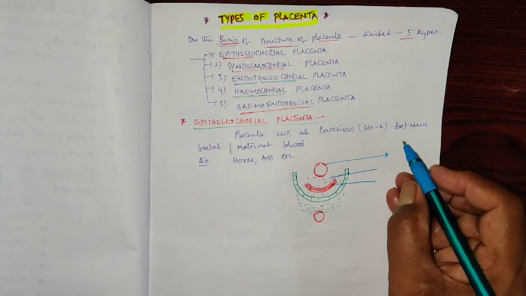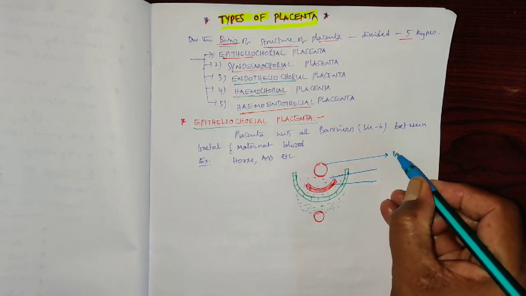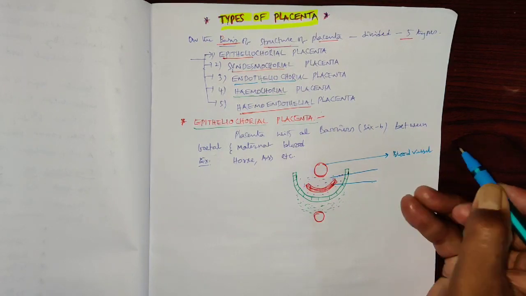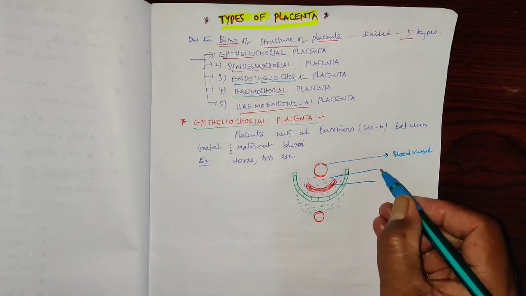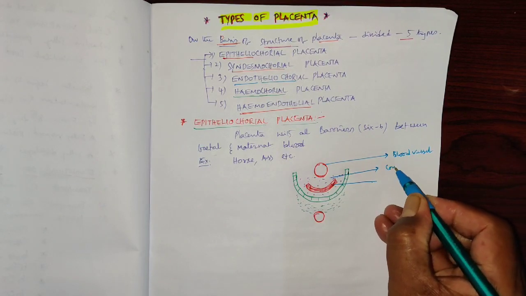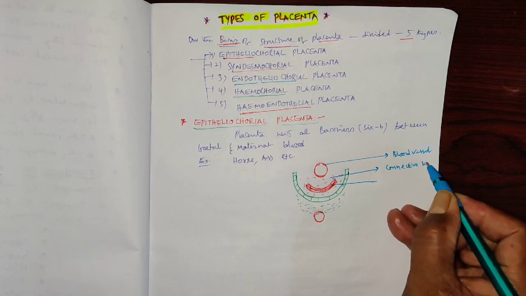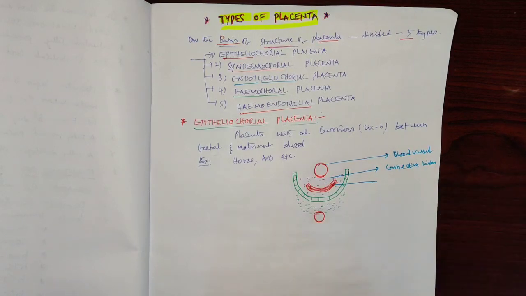So this is a blood vessel of fetal. This is connective tissue of fetal.